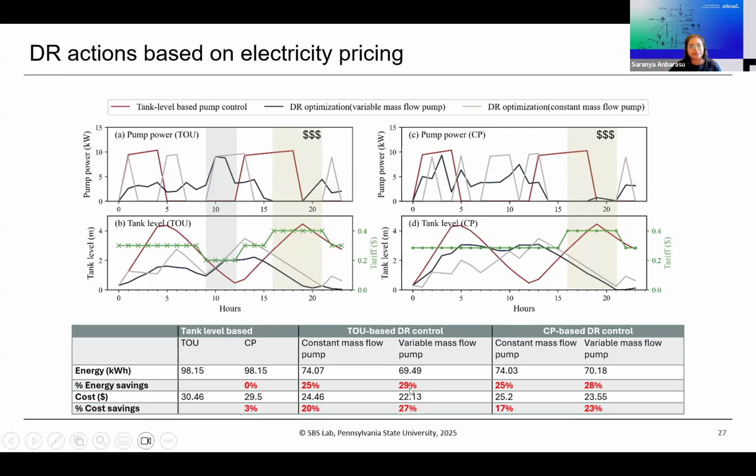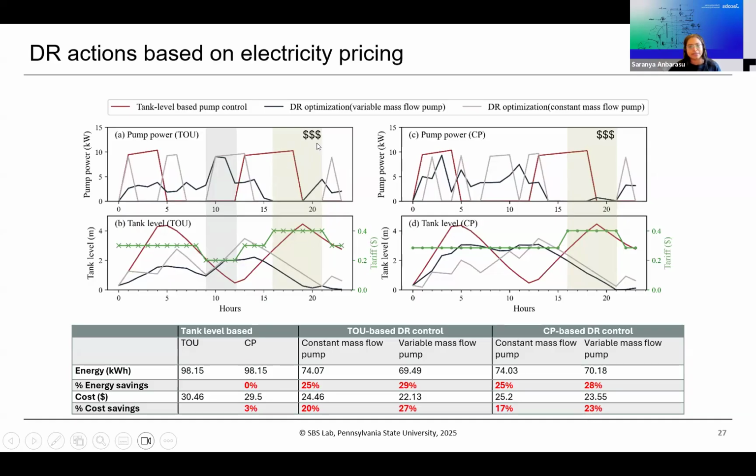We were able to see around 29 to 28% savings in terms of energy. And in terms of cost, from the baseline, the tank level based controls, we saw that the time of use was saving up to 27% of cost, while optimizing for critical peak price, we were saving around 23%.